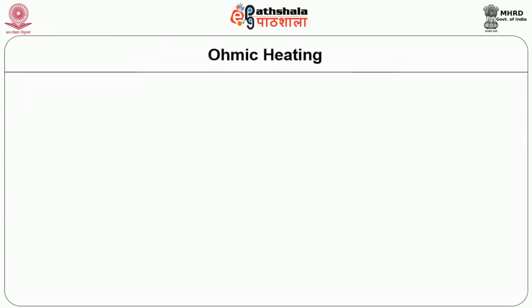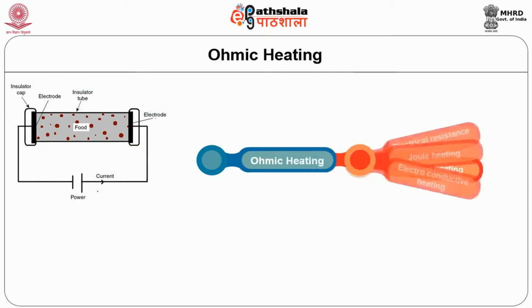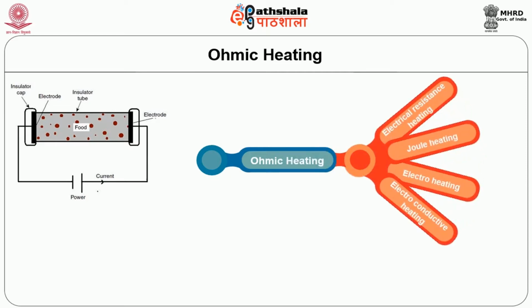Let us first discuss what ohmic heating is before going into its principle. Ohmic heating is defined as a process in which electric current is passed through materials with the purpose of heating them. Ohmic heating is also referred to by other names such as electrical resistance heating, Joule heating, electroheating or electroconductive heating.